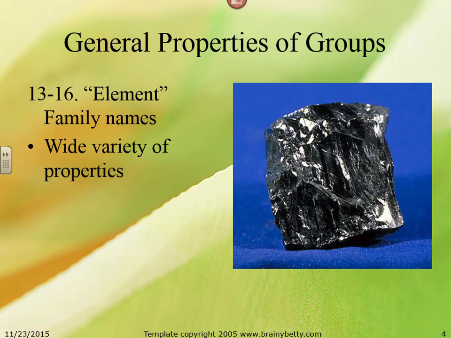If you look at these groups, there's solids and gases, there's metals, there's semi-metals, and there's nonmetals. So it might make sense then that these groups have a lot of different properties that go with them.